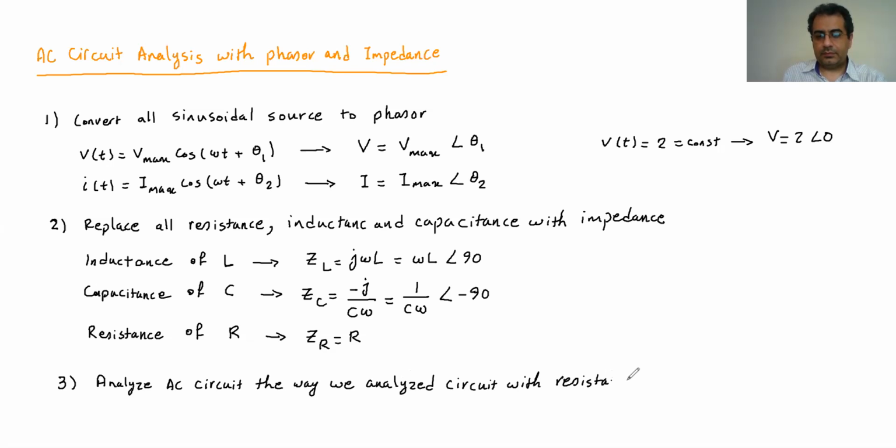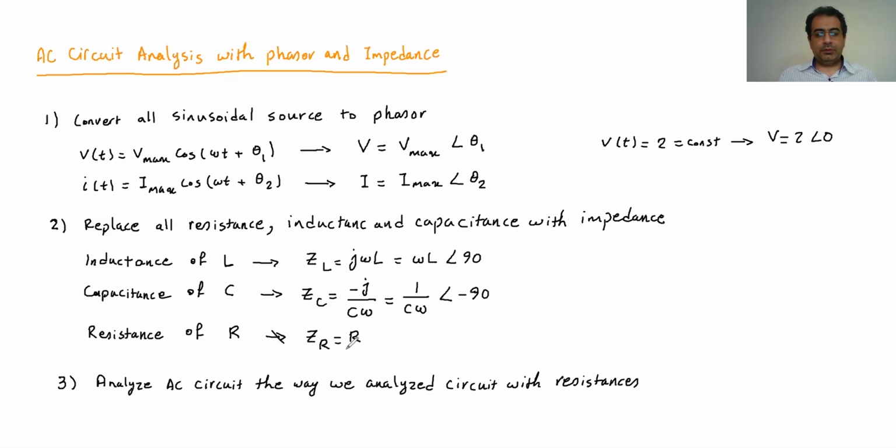So assume all these impedances, in other words, behave like a resistance. Assume you have a circuit where everything is resistance, and instead of having a resistance of R, they have the resistance of impedance.